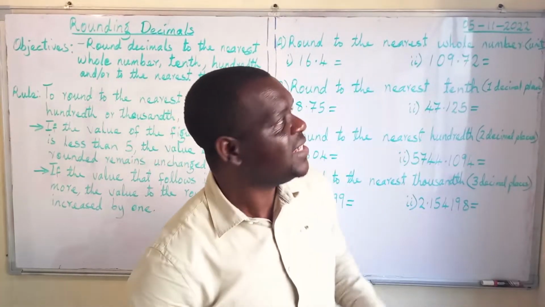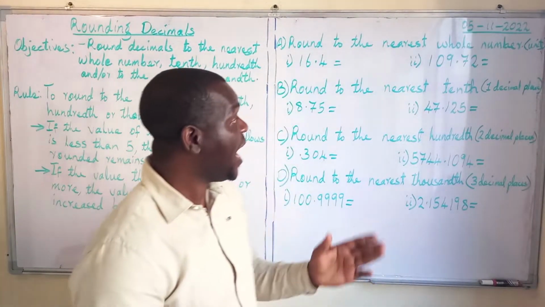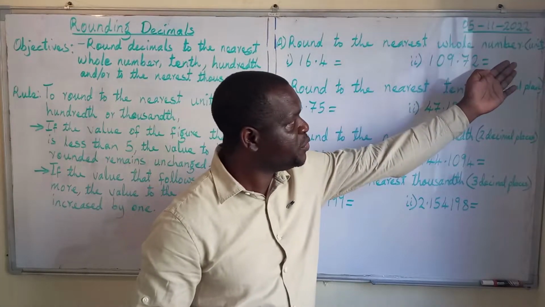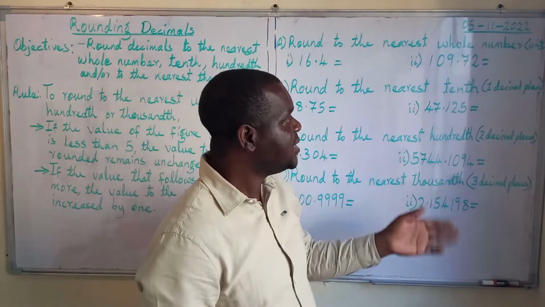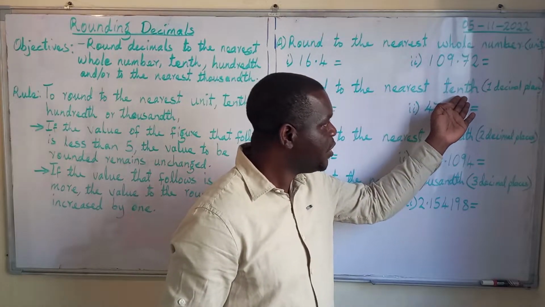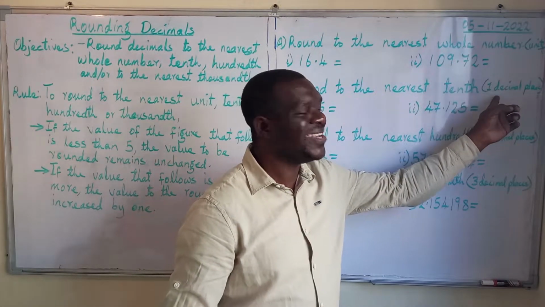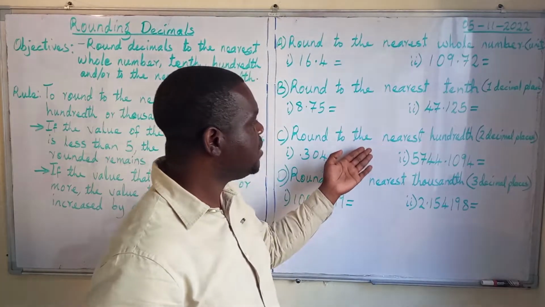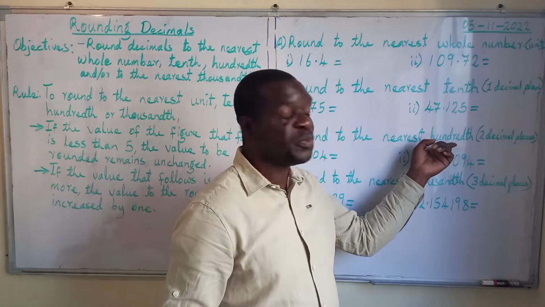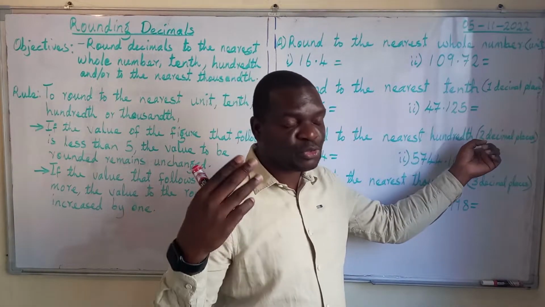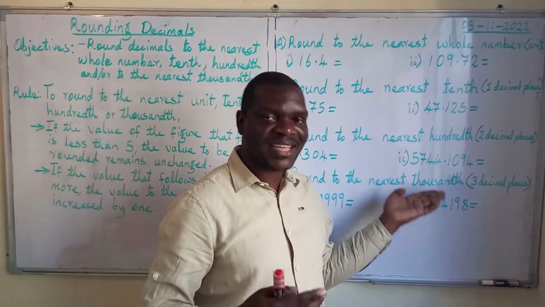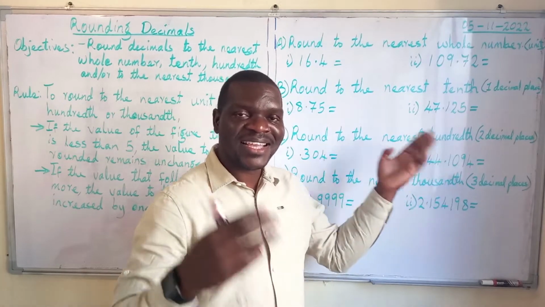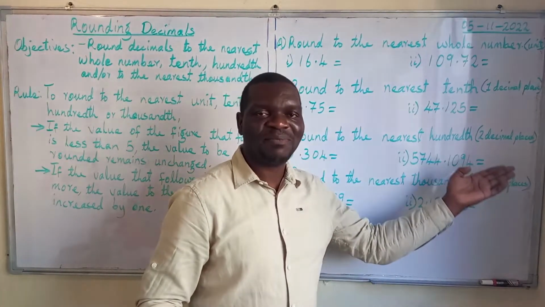Now let's look at some practical examples on how we can round to the nearest unit, which is the same as rounding to the nearest whole number, and how we can round to the nearest tenth, which is the same as rounding to one decimal place. The next will be to round to the nearest hundredth, which is the same as rounding to 2 decimal places. And the last will be rounding to the nearest thousandth, which is the same as rounding to 3 decimal places.